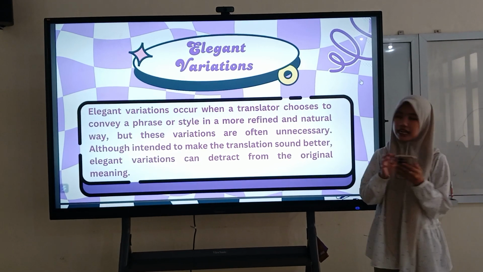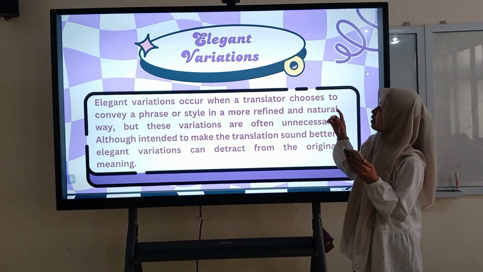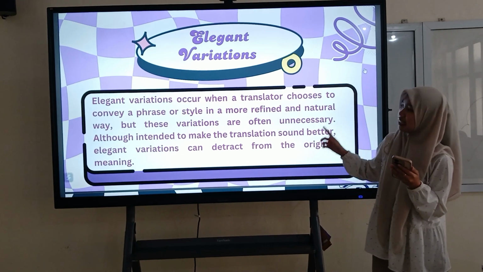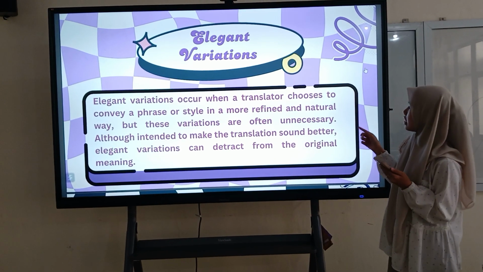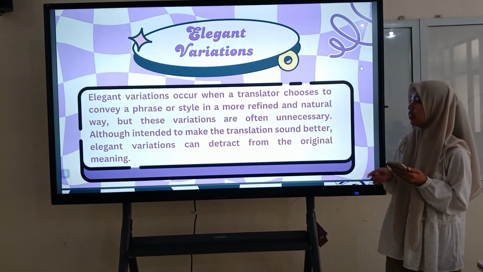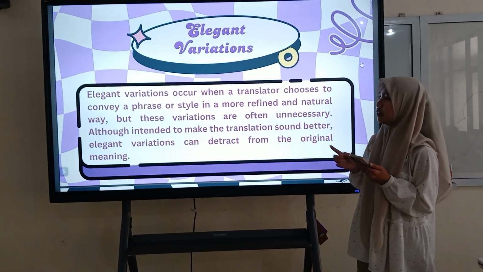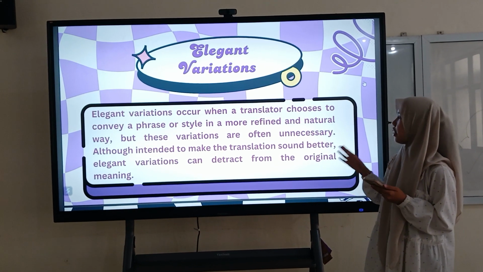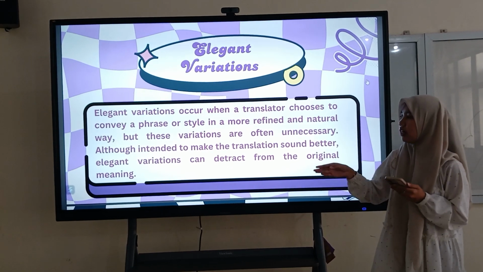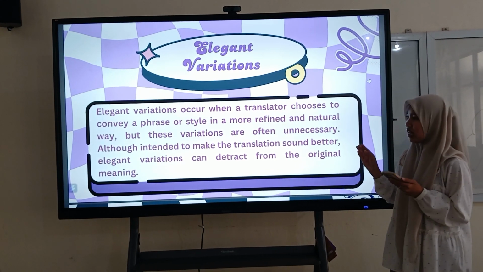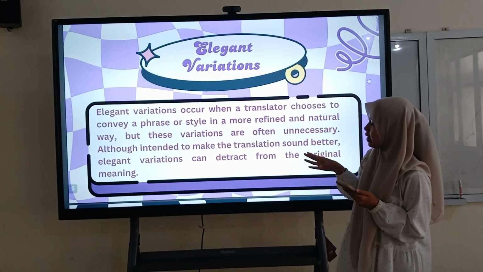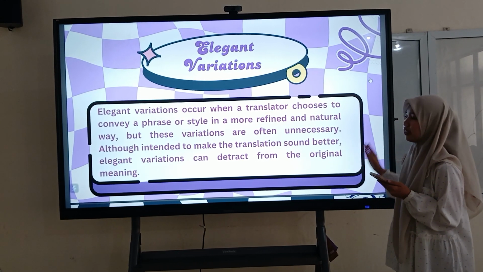For the next is elegant variations. Elegant variations occur when a translator chooses to convey a phrase or style in a more refined and natural way. But these variations are often unnecessary, although intended to make the translation sound better. Elegant variations can detract from the original meaning.